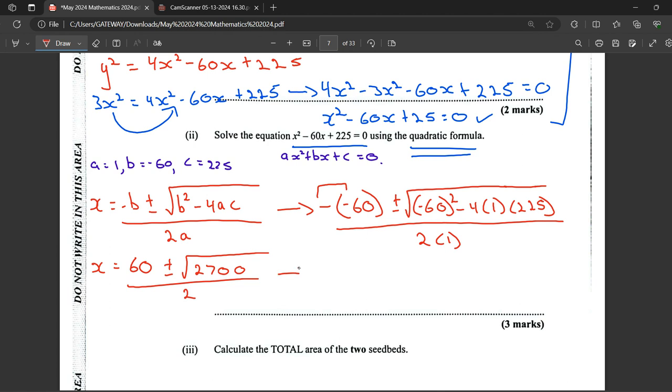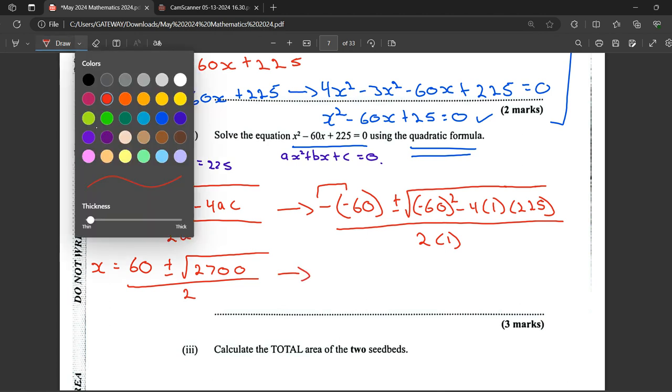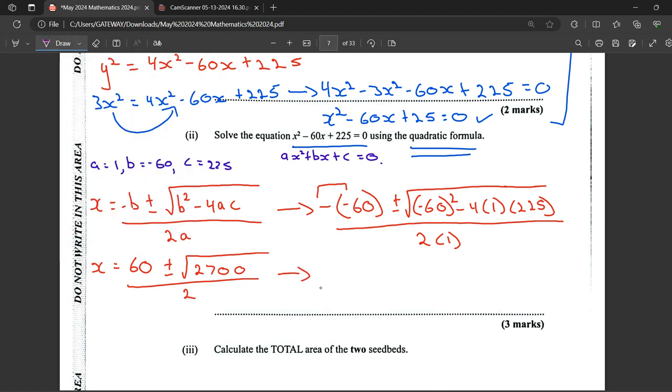So what this is really working out to be, now you have the two solutions here. So let me put it in there one time. So I could say this is x1. Actually, before I work out x1, let me just find the square root of that 2700.